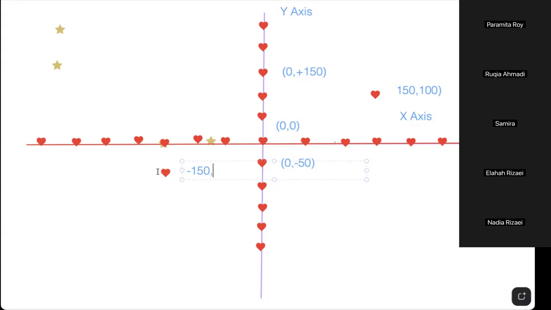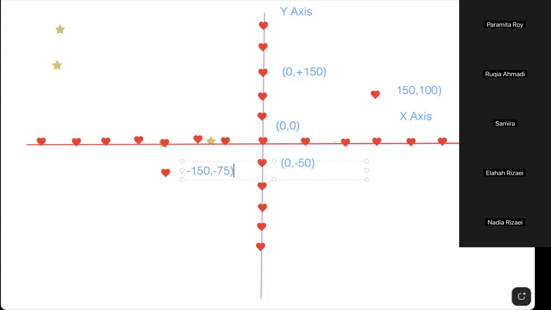So it's between 50 and 100. Say it is 75. So it will also be minus, negative, because it is on the left side of the horizontal line and it's going to the downside of the vertical line. So both are negative, right?